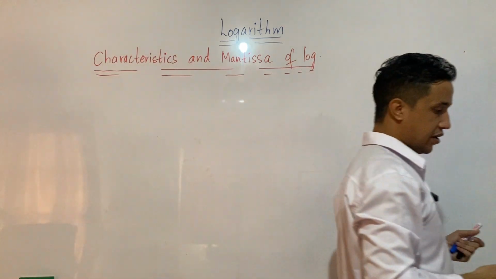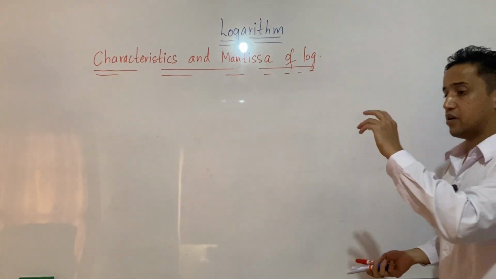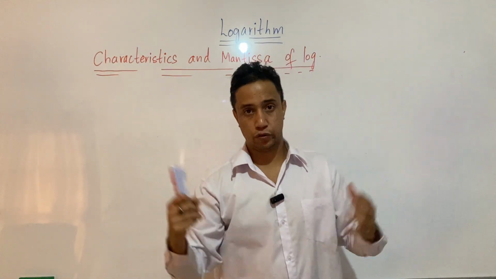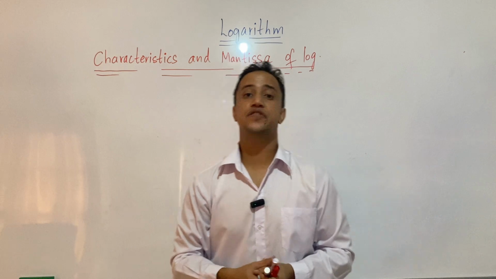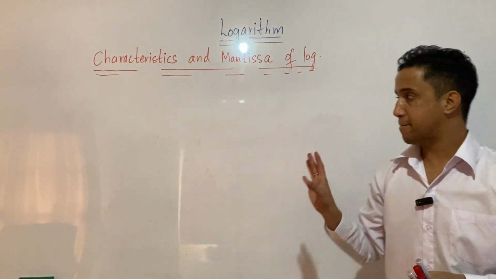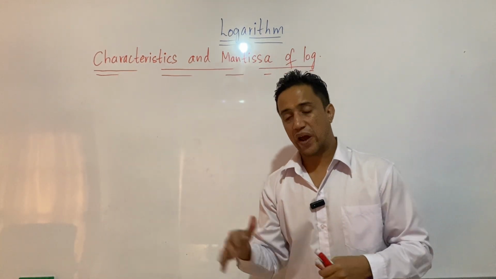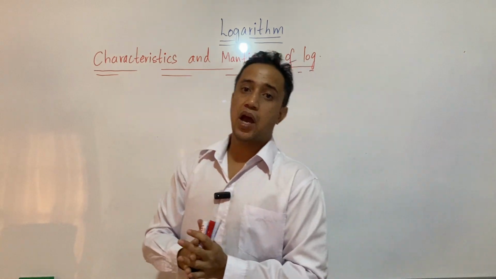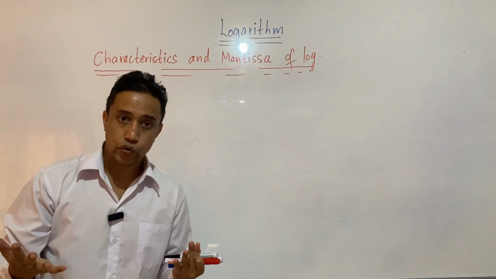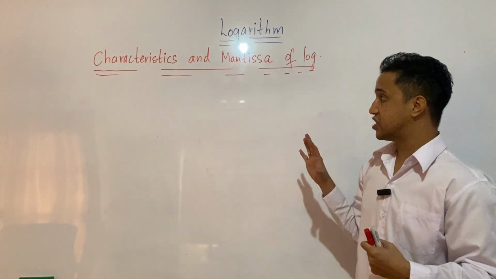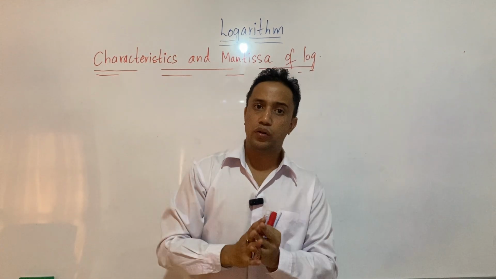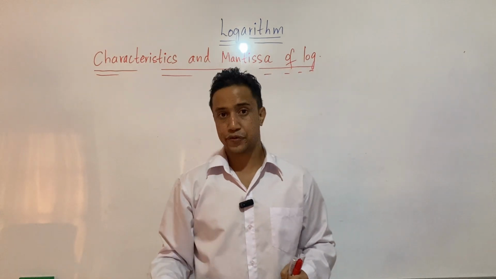Now, see here. First, we have to remind ourselves of a few things. First, whenever we do a logarithm, we have to remind ourselves that logarithm is only defined for positive numbers, right?